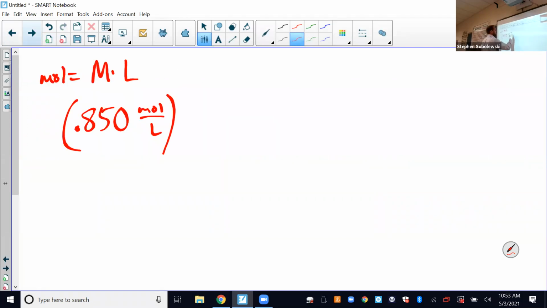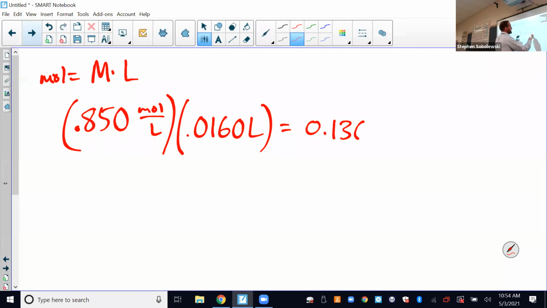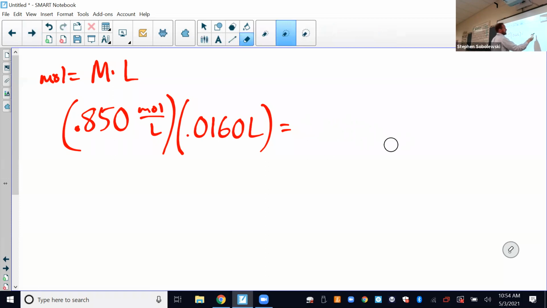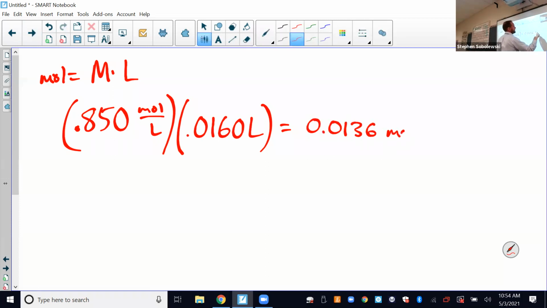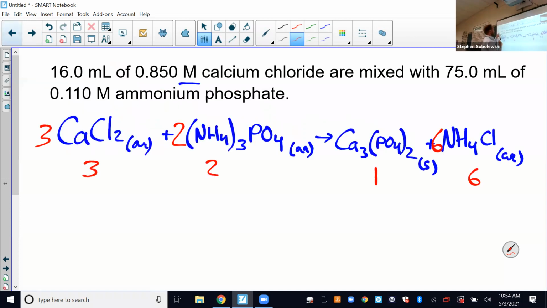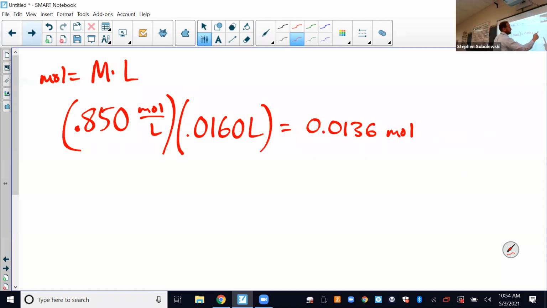That's going to be 0.0160 liters. 0.850 times 0.016 gives me 0.136. Oh, I forgot a 0. 0.0136 moles of calcium chloride.